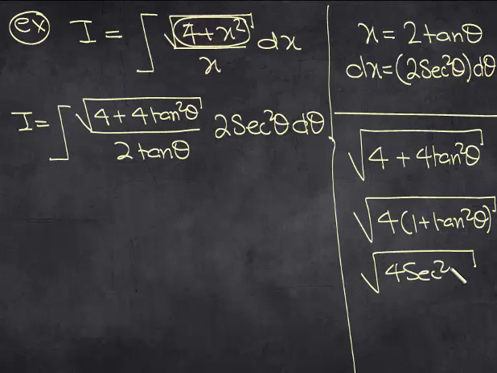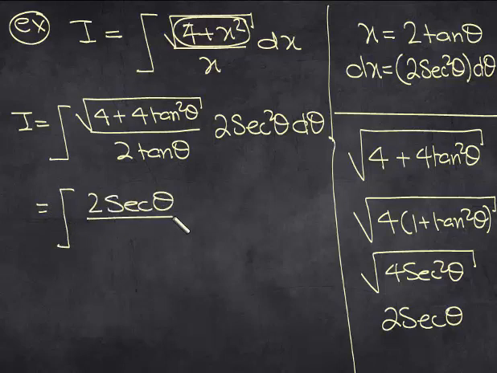So we're good. So this radical on the top simplifies to this. So this will cancel. One of the two, the other two can pop out. So we get secant cube theta over tangent theta d theta.